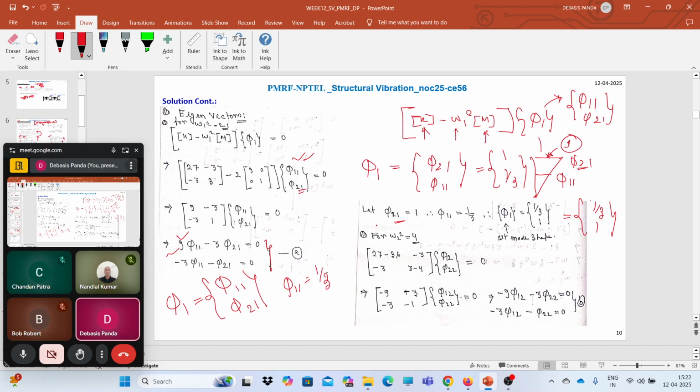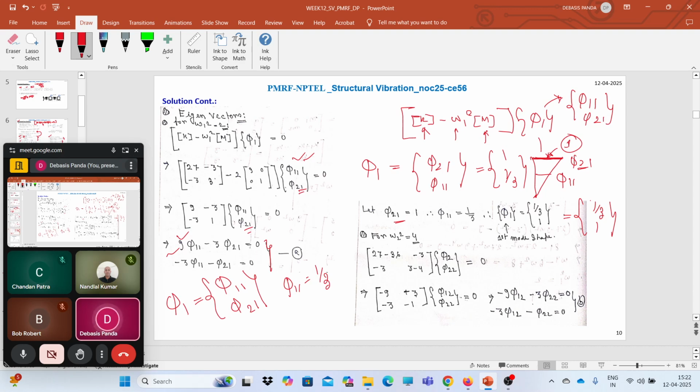That means you first need to define in which format these mode shapes are given. Always, the last ordinate corresponding to the last degree of freedom, we normalize to 1. We have seen the mass normalization, the amplitude normalization, all these things, and these are also very important.